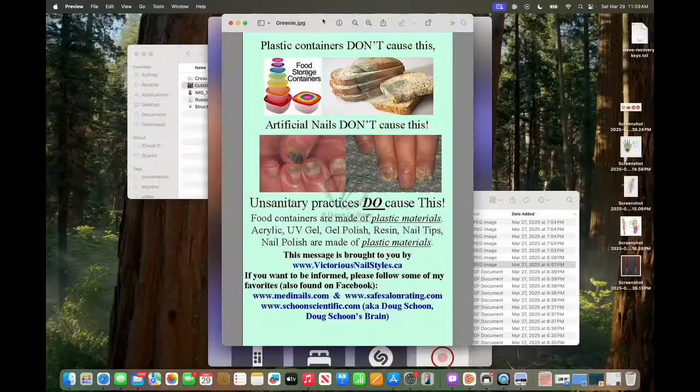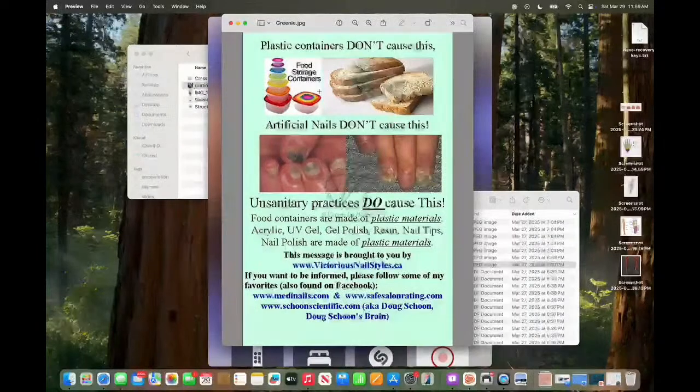I want to show you guys this that I got off of the internet. Well, I got it from Doug Schuh. All right, so you see moldy bread, right? Why does your bread mold? Moisture, right? We leave it in the bag overnight. So artificial nails do not cause this. It's not the cause of it.